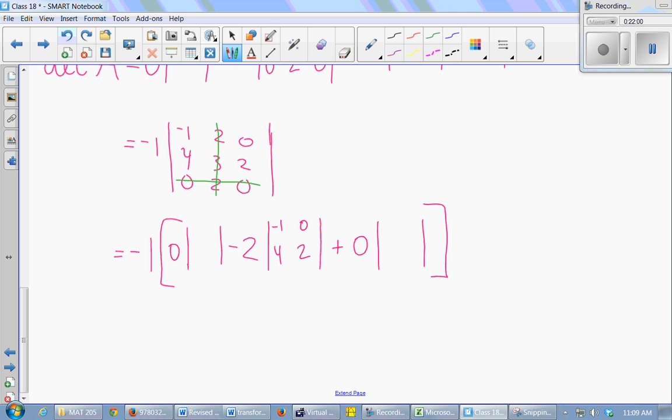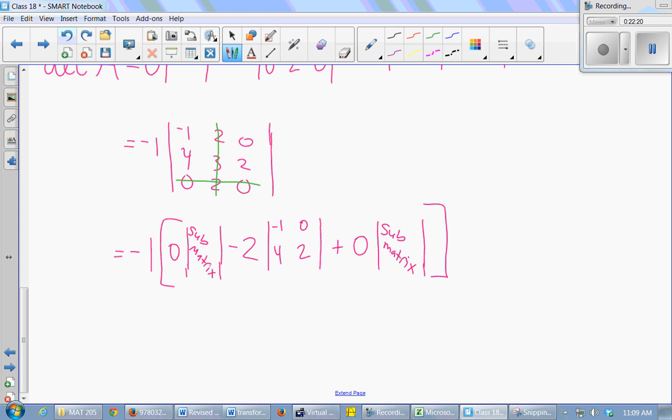All right, so this is in some submatrix. I just don't care what's actually in there because I'm going to multiply it by a 0. Same thing here.